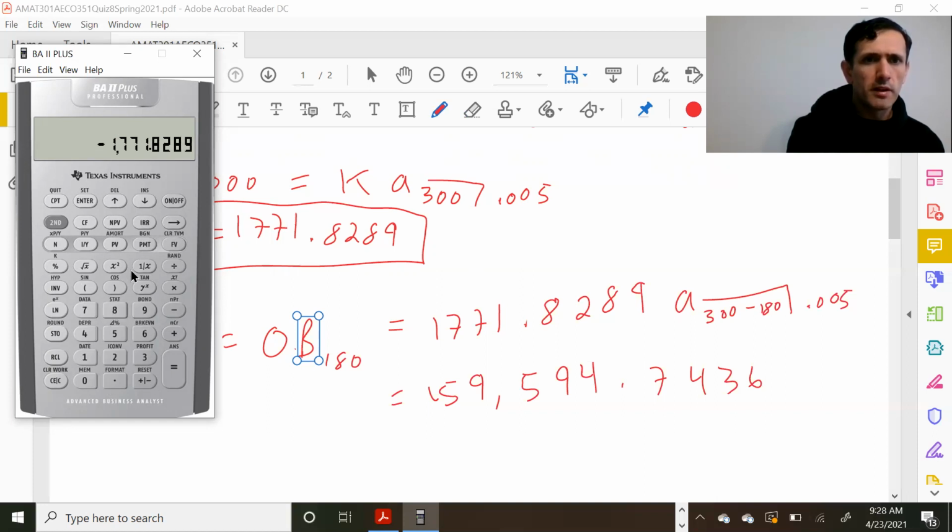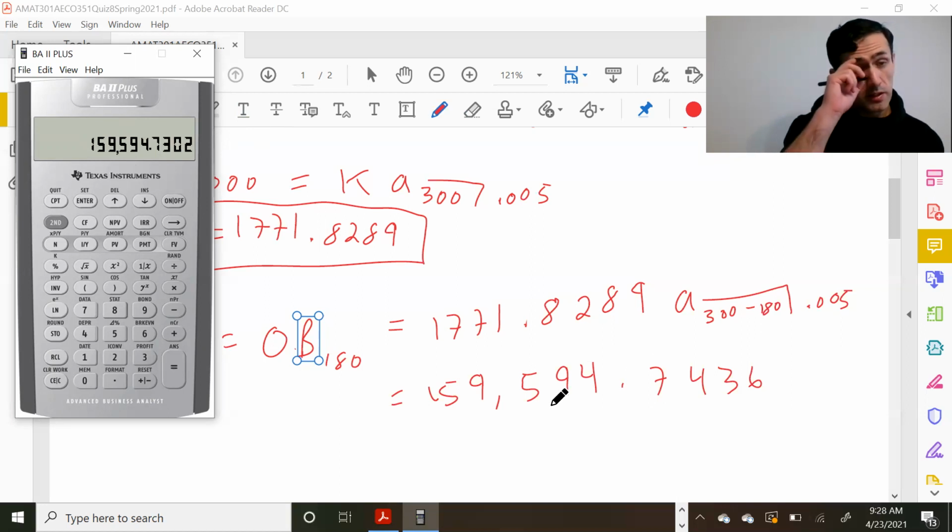1771.8289 payment, 0.5 interest, 180, and compute future value. Take that plus this amount here, and well, we're off by a penny, but basically it's the same thing: 159,594.73 versus .74.